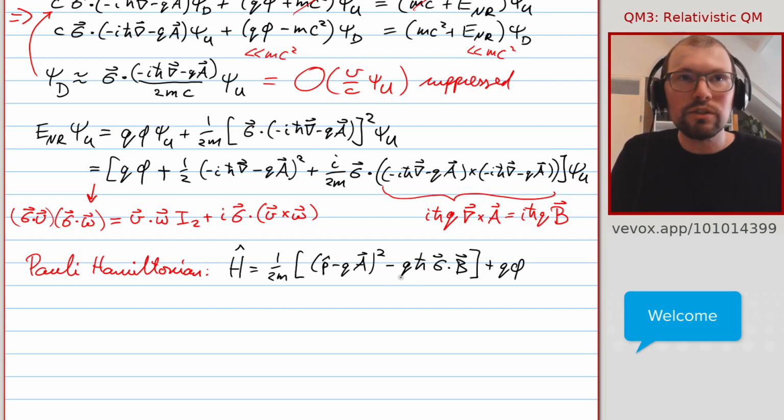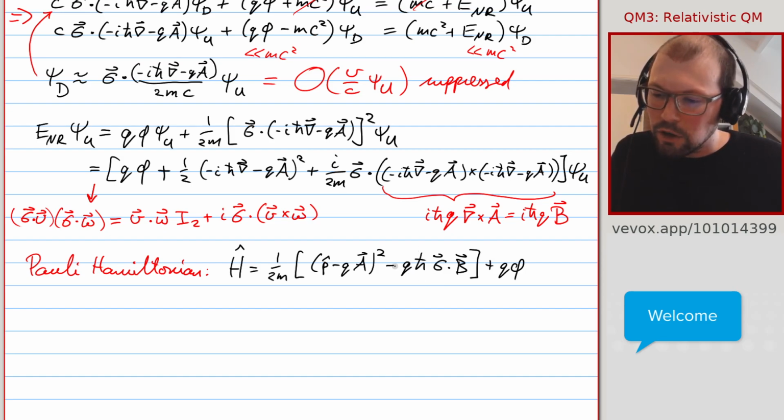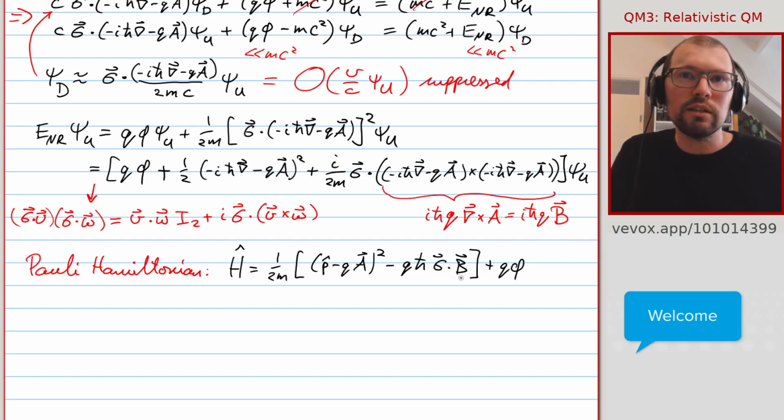But there is this additional term. And this additional term is exactly the intrinsic magnetic dipole moment interaction that you would expect, because it's an operator sigma, so that's the spin of the particle, in an inner product with the magnetic field. So it's telling you that the spin will like to align with the magnetic field.